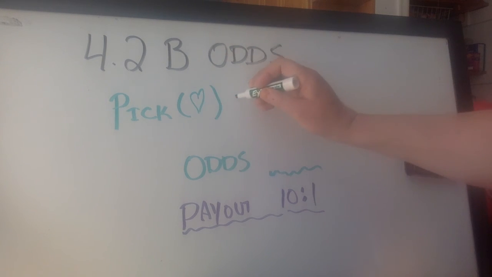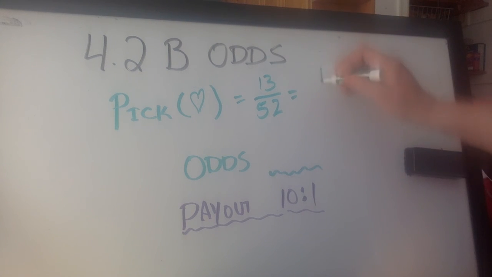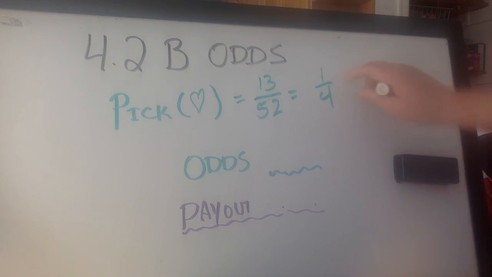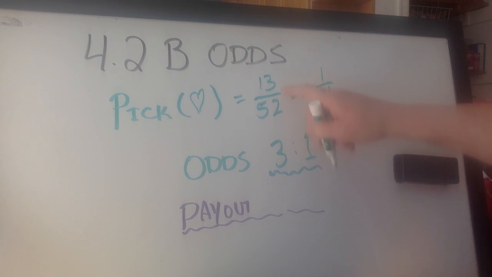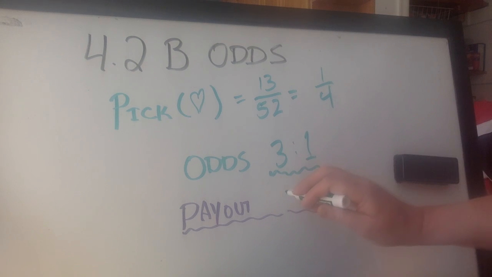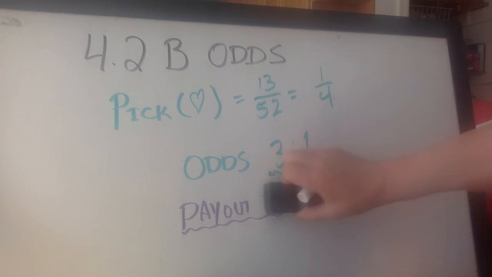So if I pick a heart, there are 13 hearts out of 52, which reduces to 1 out of 4. Therefore, the odds are 3 to 1. What would you make the payout? You do not want to make it anything higher than 3 to 1. You don't even want to make it 3 to 1. You want to make it 2 to 1, or 1 to 1. Okay? All right.